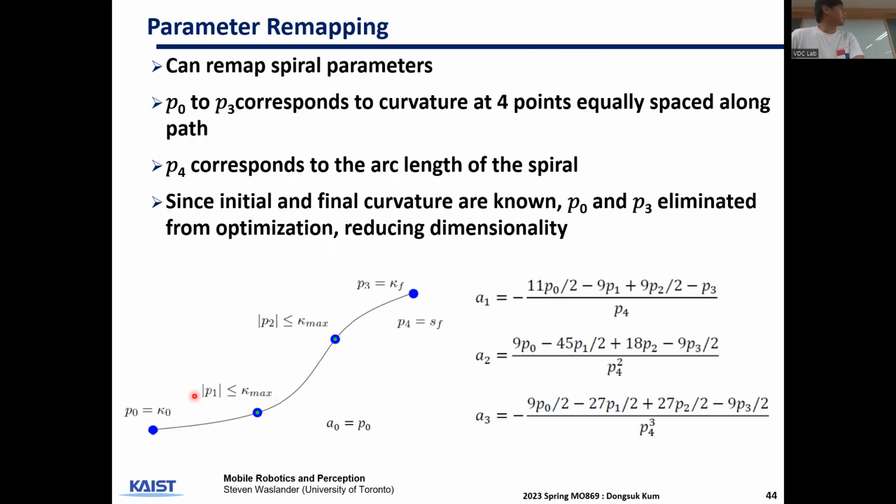P4 corresponds to the arc length, which is also SF. Sorry, A0 is P0. Then, since the initial and final curvature are known, P0 and P3 can be eliminated from the optimization problem, reducing the problem's dimensionality.